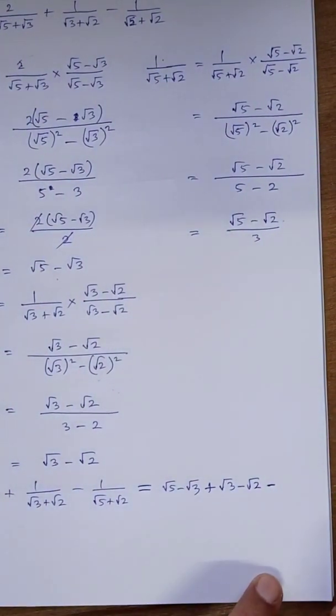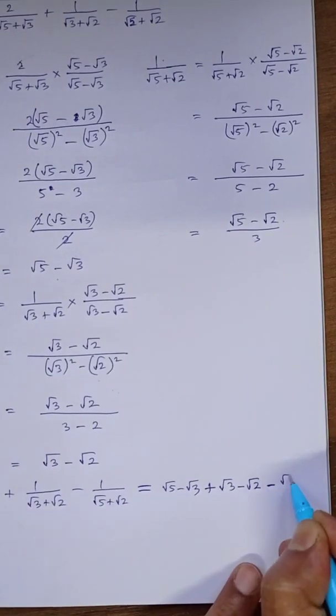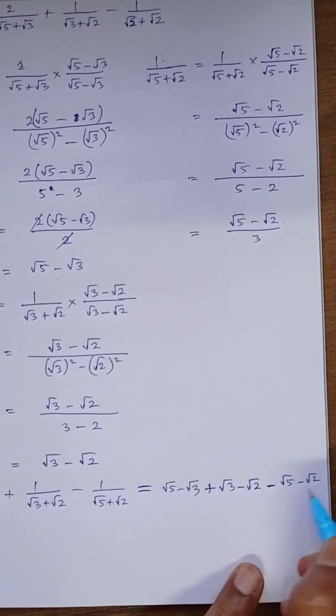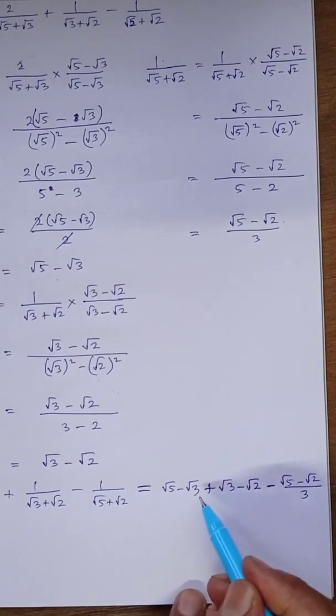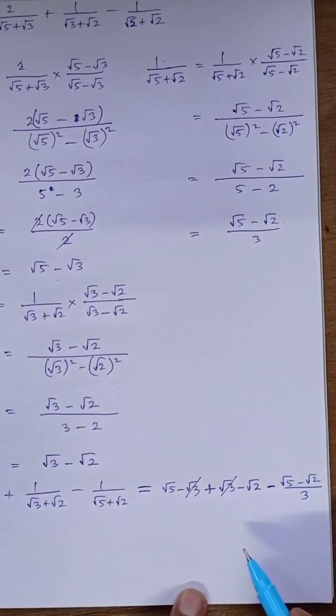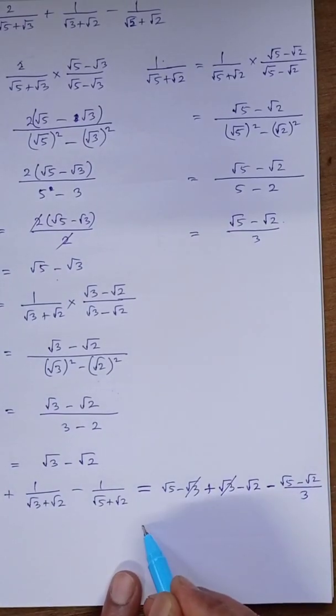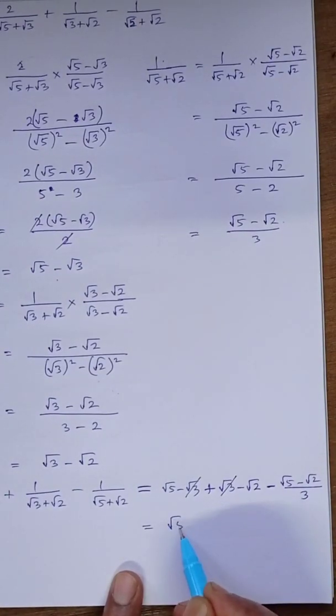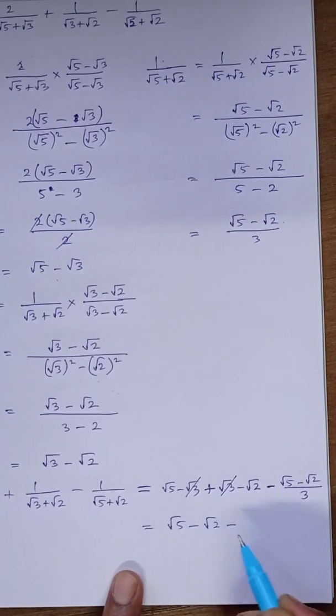The last one is root 5 minus root 2 divided by 3. So here what we'll do is we'll cancel these two. What we are left with is root 5 minus root 2 minus root 5 minus root 2 by 3.